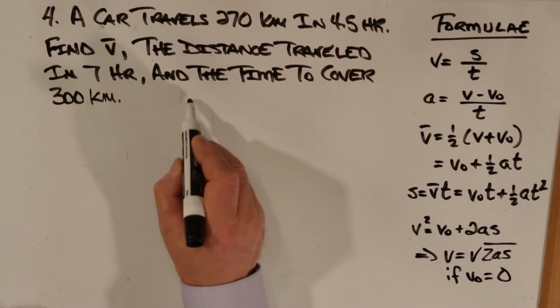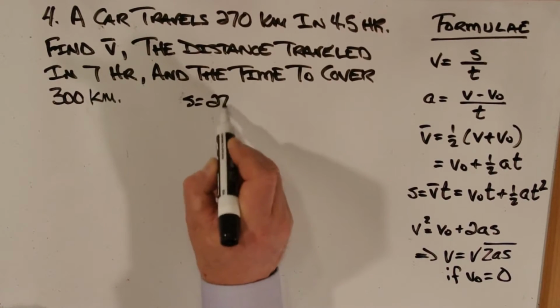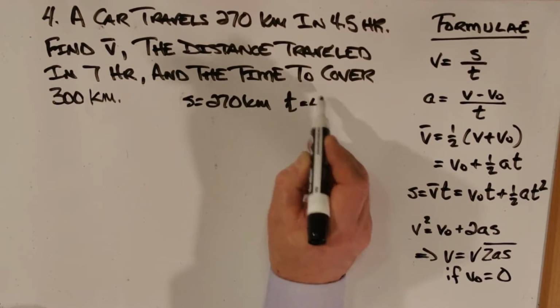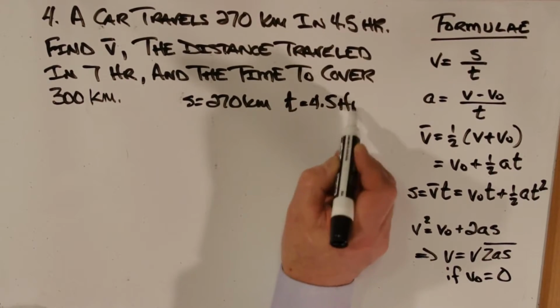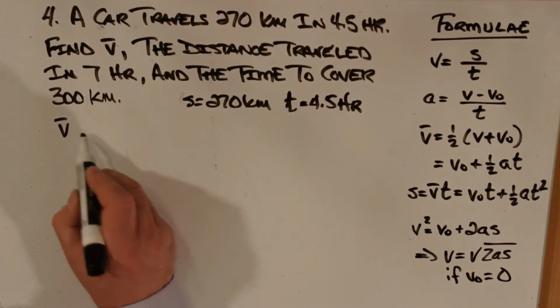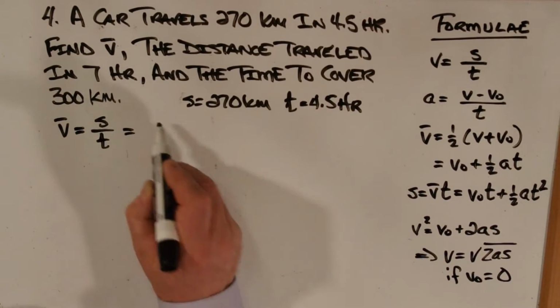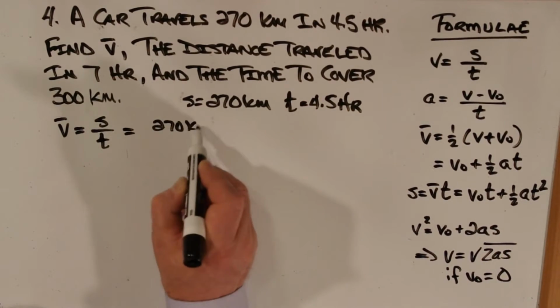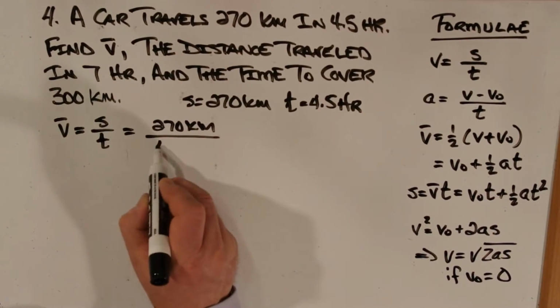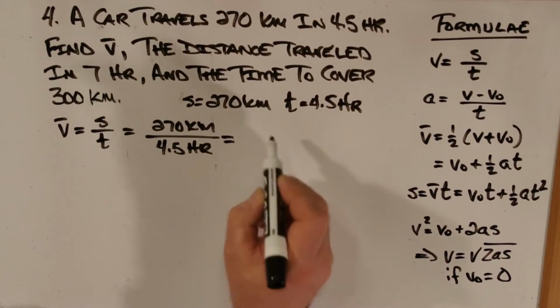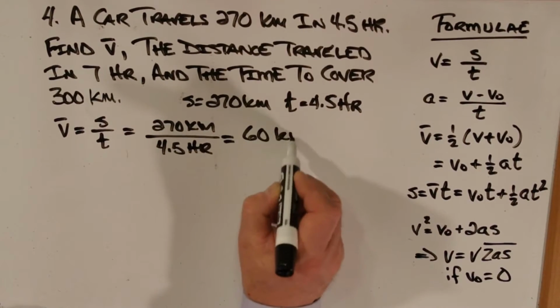So we're given S, the distance, 270 kilometers, the time, 4.5 hours. So the average velocity is equal to distance divided by time, 270 kilometers divided by 4.5 hours, which equals 60 kilometers per hour.